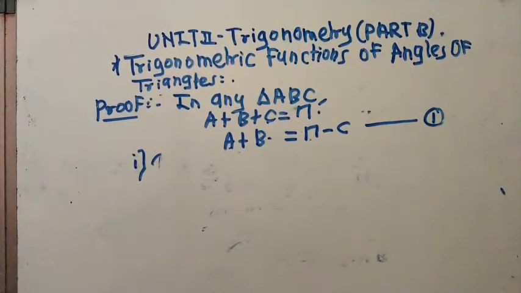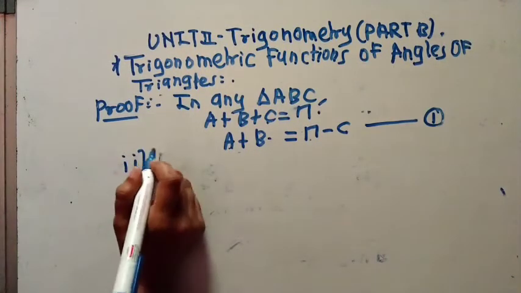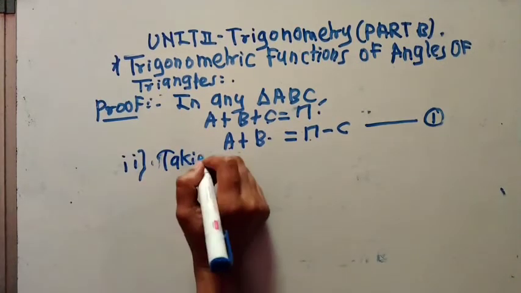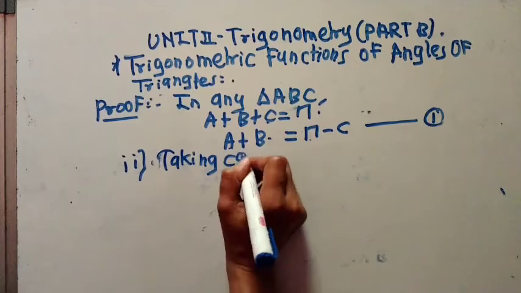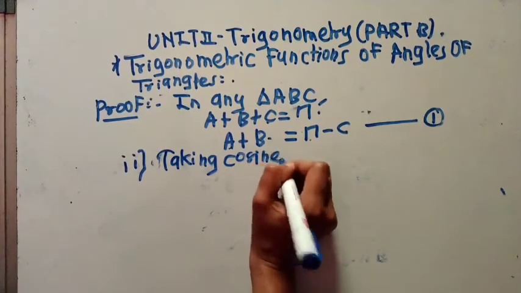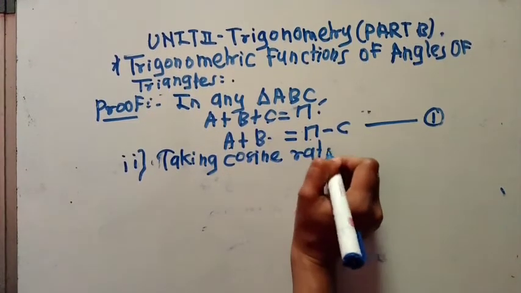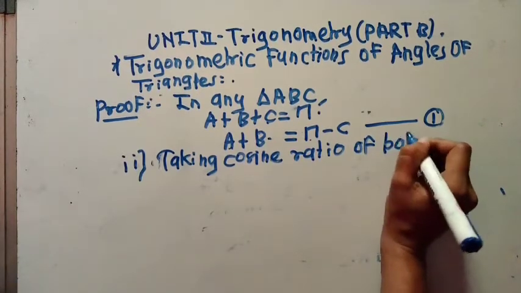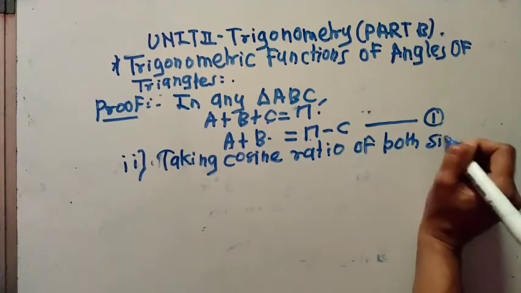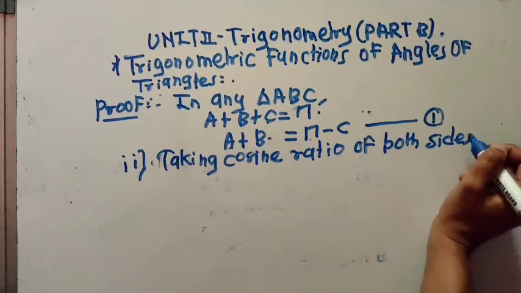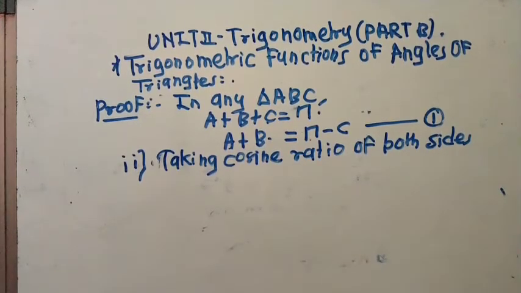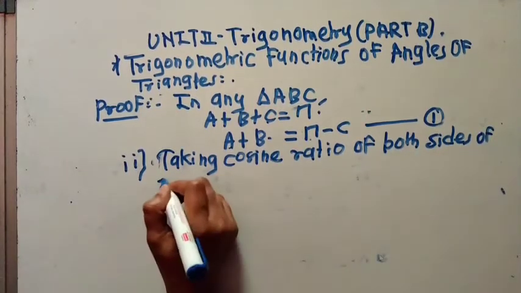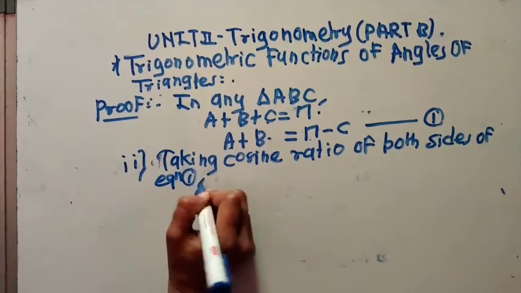to the second equation, taking the cosine ratio of both sides of equation 1.